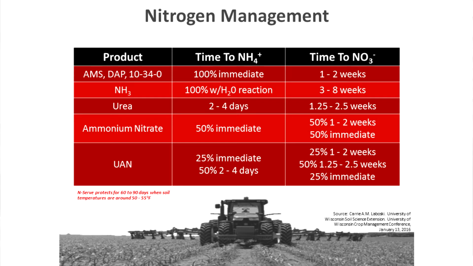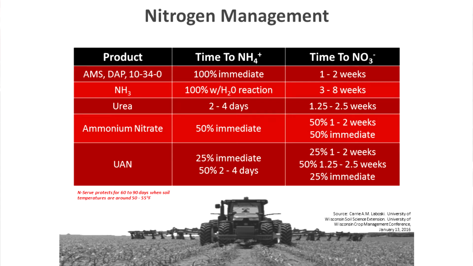Every fertilizer has different ratios of ammonium and nitrate nitrogen, but what is ammonium nitrogen, our stable form, some fertilizers will convert quicker to nitrate than others. So anhydrous ammonia, since it's a really violent reaction in the soil and we put it on in a band, takes about 3 to 8 weeks to get to nitrate.